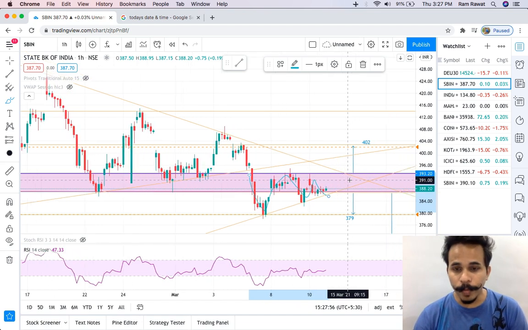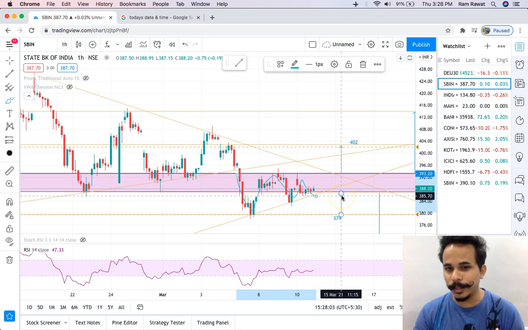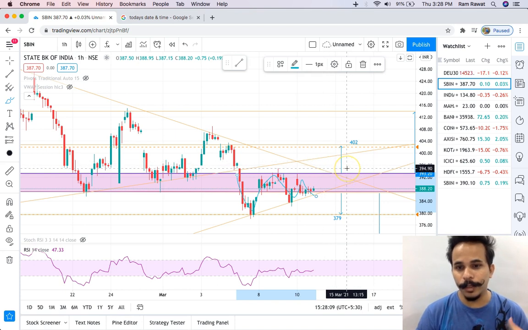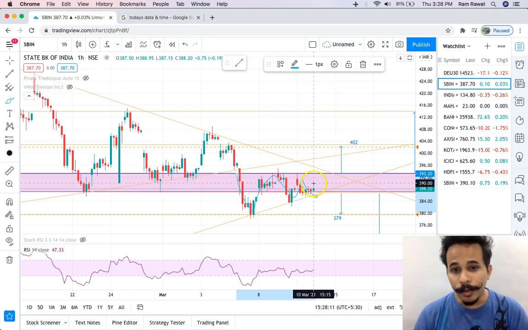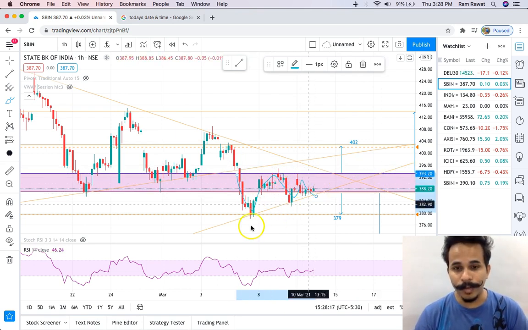But again, it's not just about the numbers. If I draw a horizontal line, and it goes below this and you start selling, or it goes above this and you start buying, you have to understand the behavior of the price. You have to see the pattern of this whole triangle.